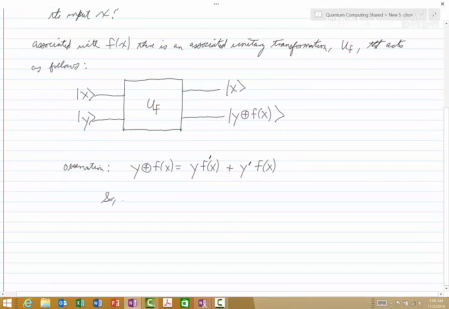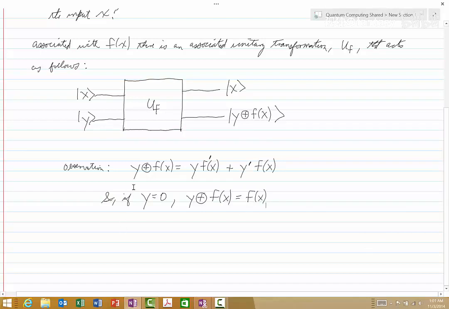So if y equals 0, y exclusive OR f of x, this first term would go away, y prime is equal to 1, and so we would just get f of x.